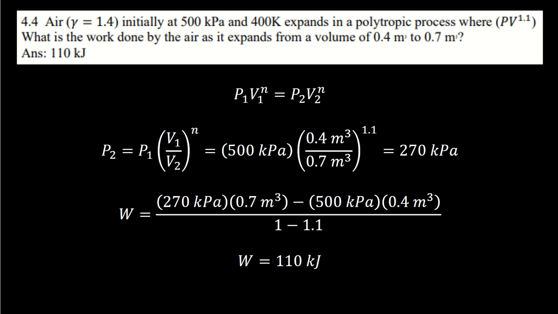It's now some general polytropic condition where the n index is 1.1. Solving for our final pressure, that's 270 kilopascals. So plugging everything into our work equation and changing the denominator to 1 minus 1.1, that gives us a work output of 110 kilojoules by the air.